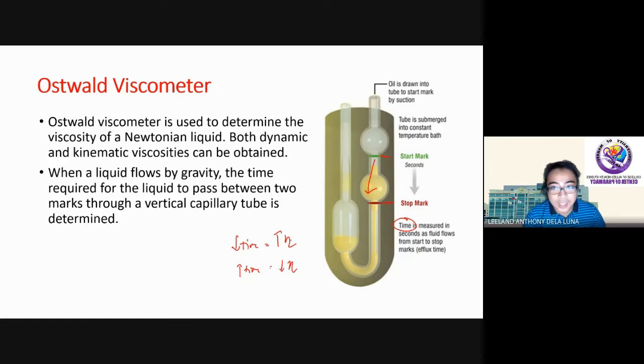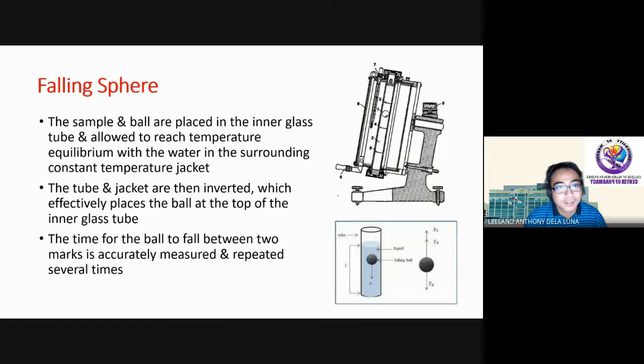Please take note, class, during the entire process, you need to control the temperature. The temperature needs to be constant because temperature can greatly affect the viscosity of fluids. So, we have to maintain temperature here.